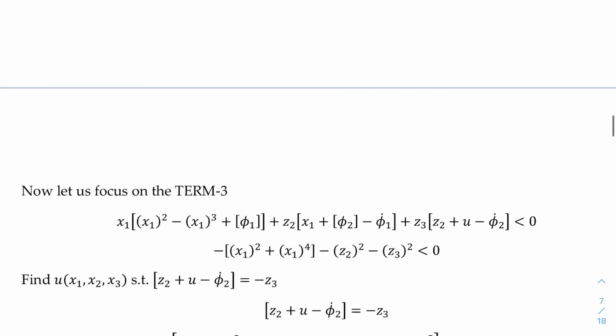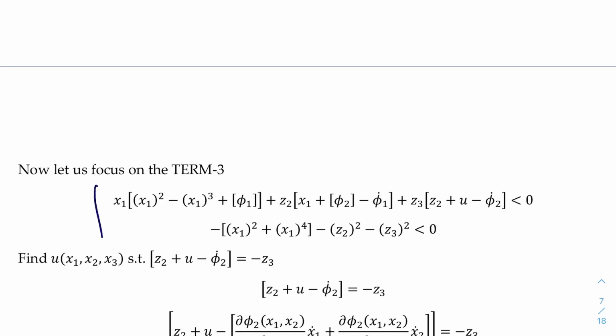So let's check term 3. This is our v dot expression, and we want this term to be this by manipulating phi 1, phi 2, and u, the control law.